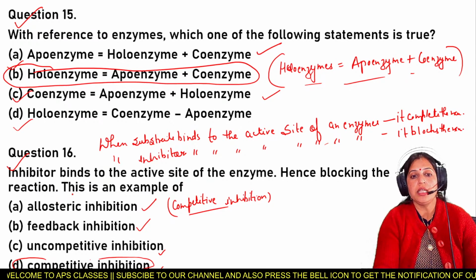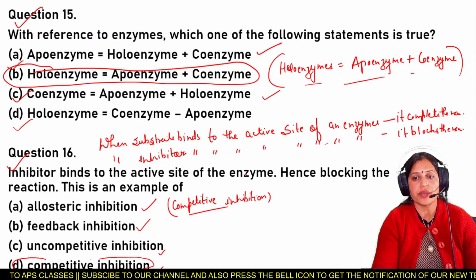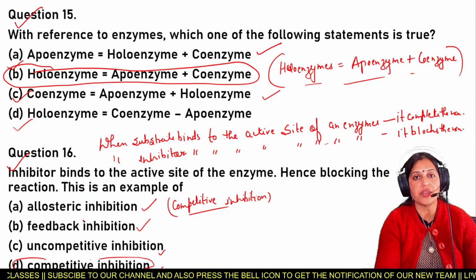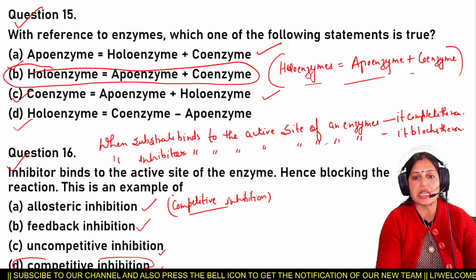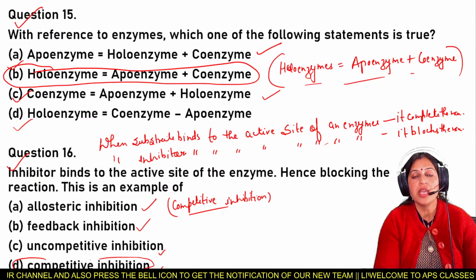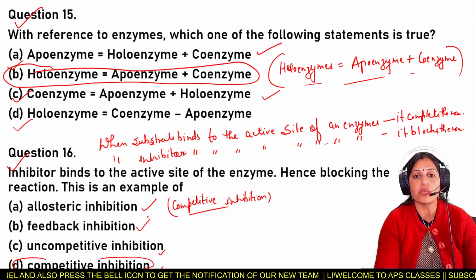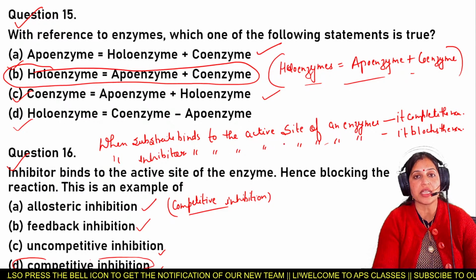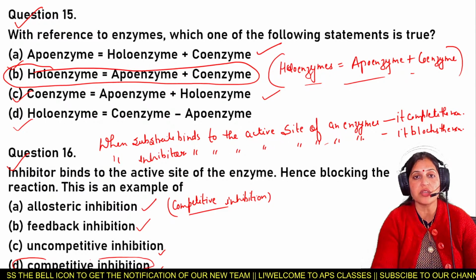So here beta, inhibitor binds to the active site of an enzyme, hence blocking the reaction. So this is an example of competitive inhibition, because when a substrate binds to the active site of an enzyme, it completes the reaction.